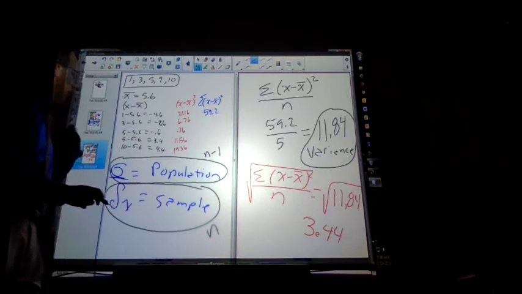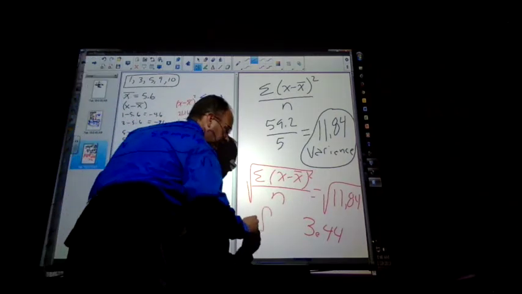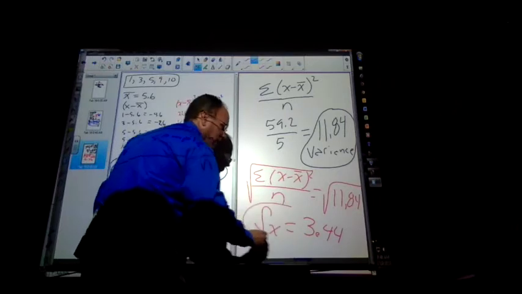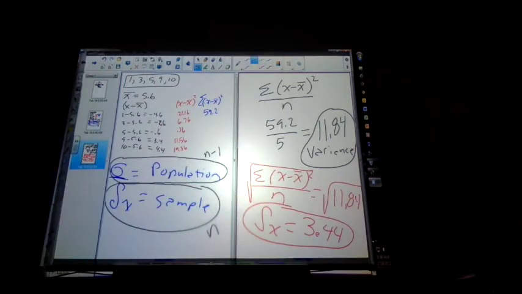So my standard deviation, we're going to refer to as S sub x. That's my standard deviation right there. Why did I label it S sub x rather than that weird looking 6 thing? Because it's a sample. Good job.